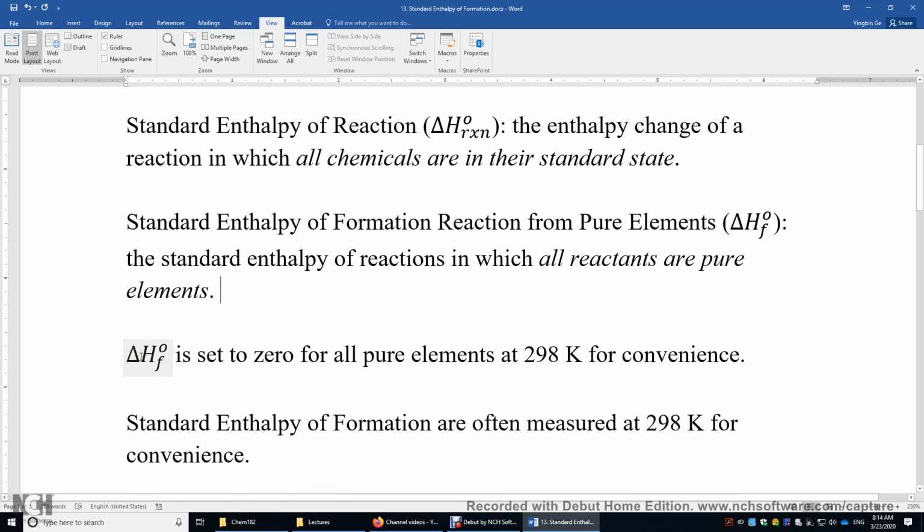The standard enthalpy of formation is set to 0 for all pure elements at 298 K for convenience. So what about other temperatures? As long as the temperature is not much different from 298, let's say 300 K, 320 K, or 280 K, the enthalpy of formation is approximately 0 for those pure elements.